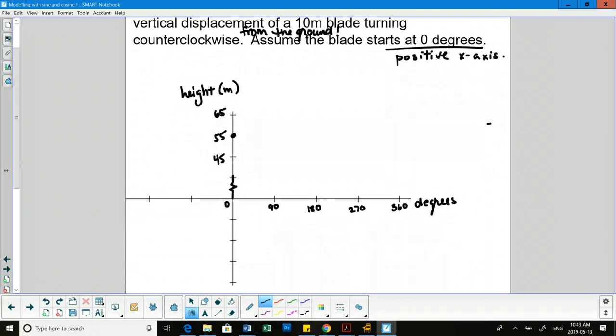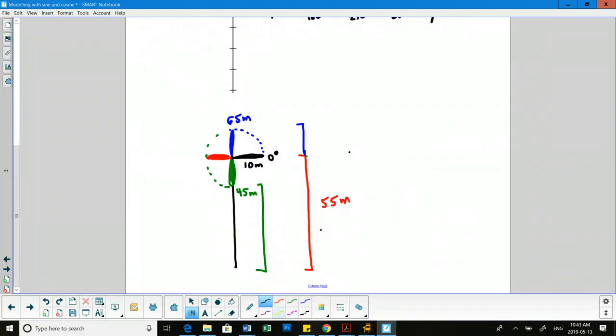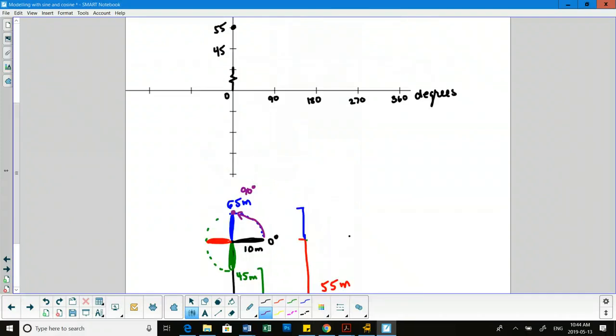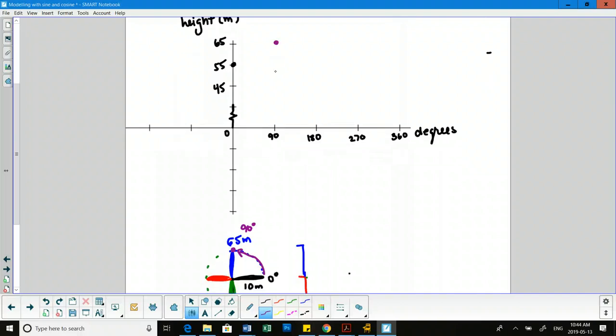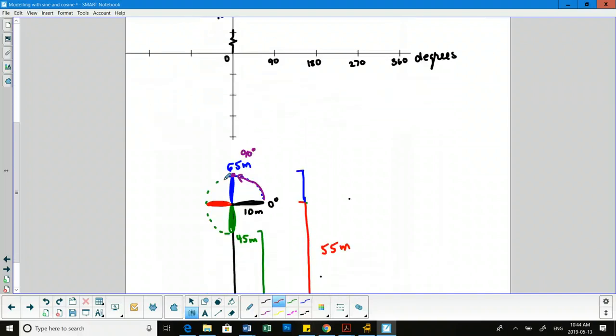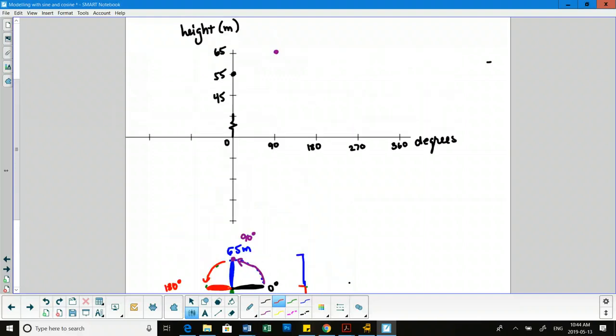We are rotating counterclockwise, which means the next position that we rotate up to is going to be the max. So how far have we rotated now? 90. And we're at a max height of 65. Okay, and then once we rotate down to our next position, we've now rotated 180. What's the height of that red blade there? 55 again, good.